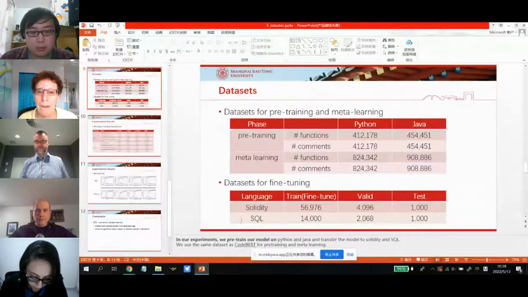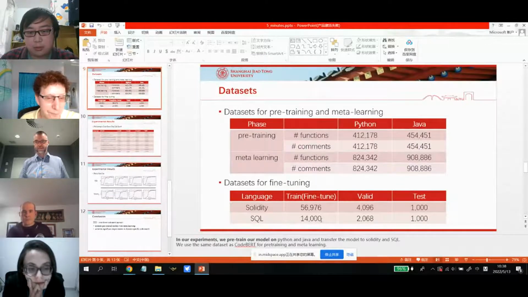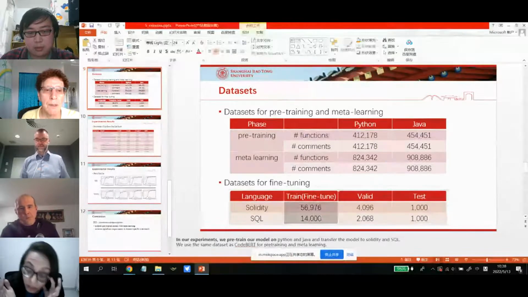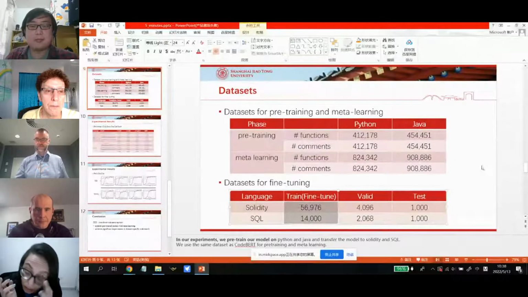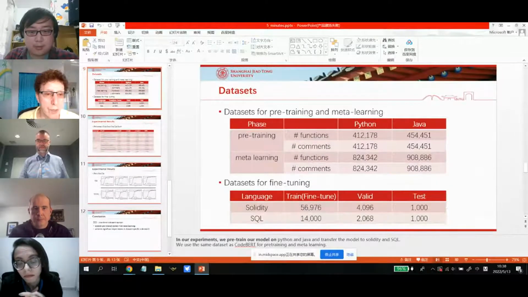The data we use for few-shot learning is the Solidity and the SQL. Right, but the question was, do you have any idea about how much data you need, for example, to get a good quality result out of the learning?